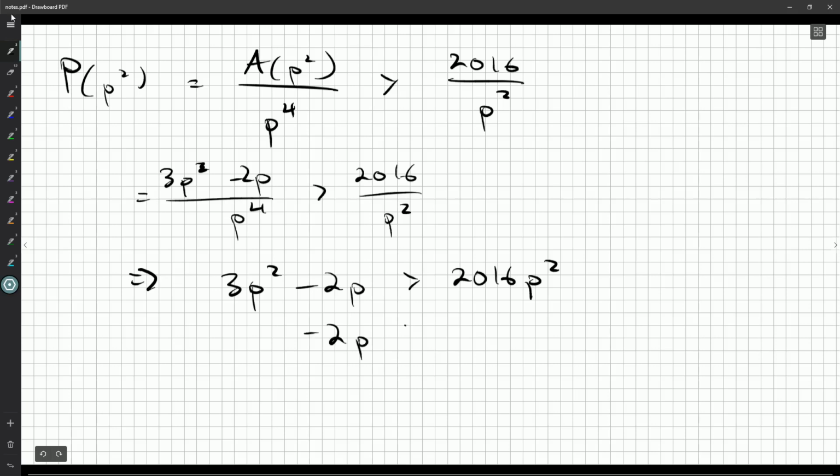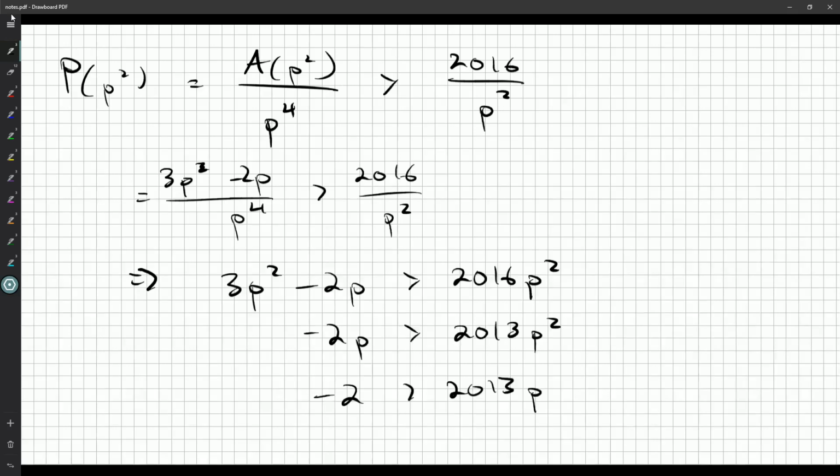So minus 2p has to be greater than 2013 p squared. Again, this is not... I mean, we can divide by p on both sides, certainly. But this isn't going well. Well, maybe we do need to shoot higher.